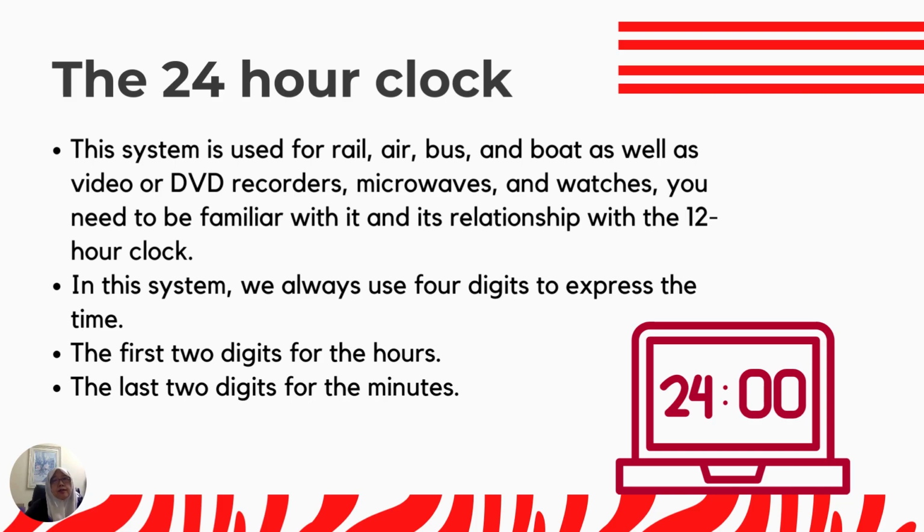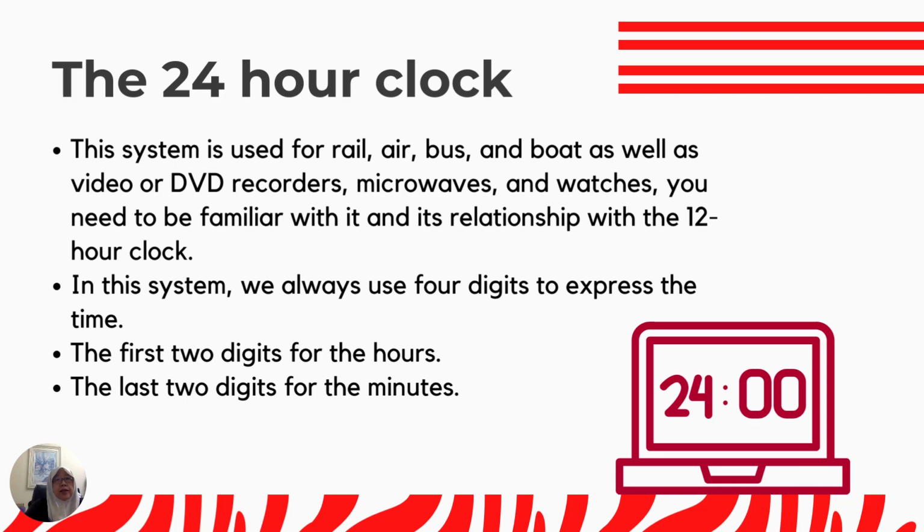It's also used at bus stations, on boats, as well as the old video or DVD recorders if you still have them at home. Microwaves, yes, they still have it, and then some watches. You can actually buy either an analog watch or a 24-hour clock or watch.